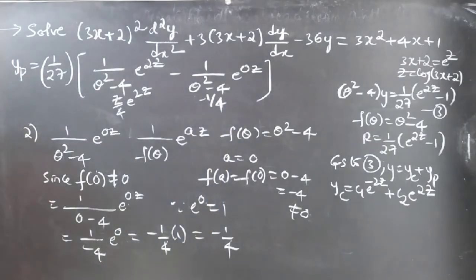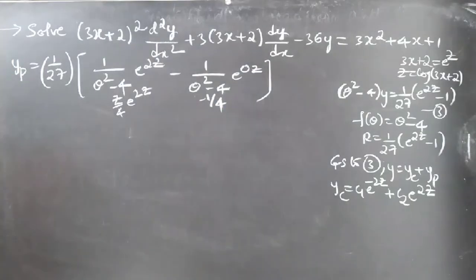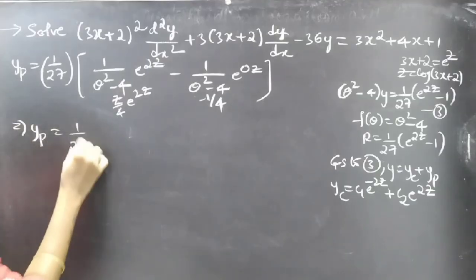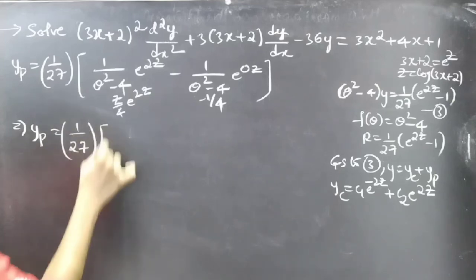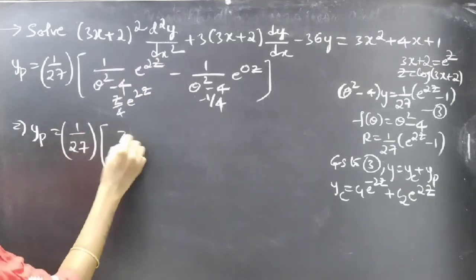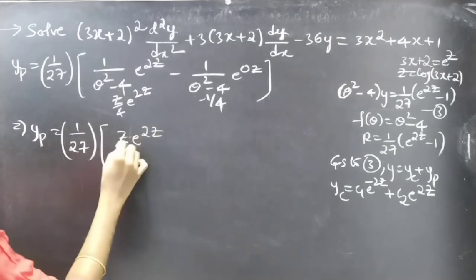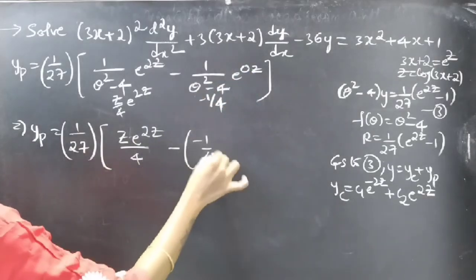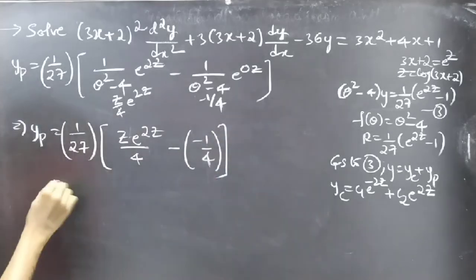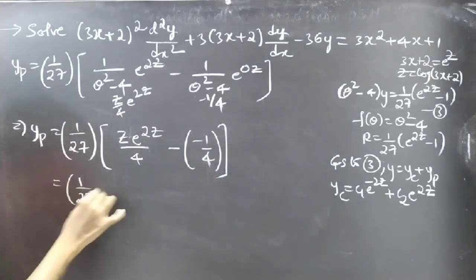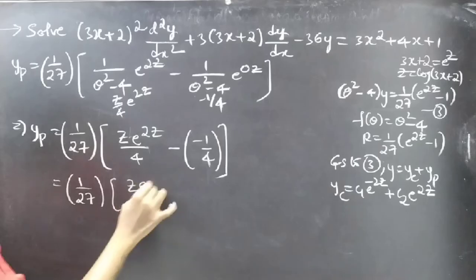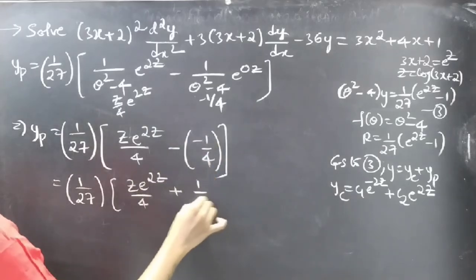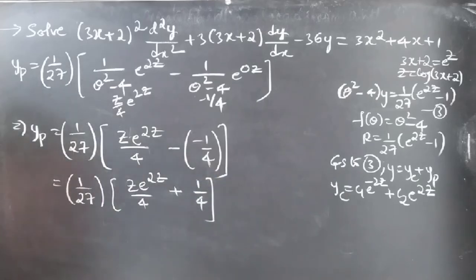Now coming to yp. Yp becomes 1 by 27 into the result obtained from the first term, z e power 2z by 4, minus the result obtained from the second term, which is minus 1 by 4. This gives us 1 by 27 into z e power 2z by 4 plus 1 by 4. You can take 1 by 4 common from these two terms.